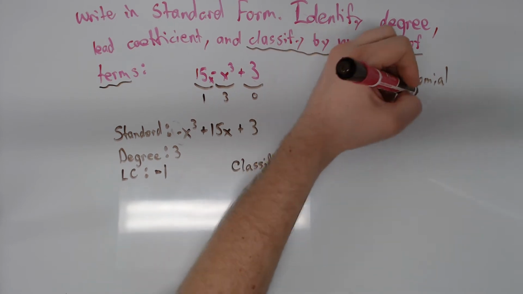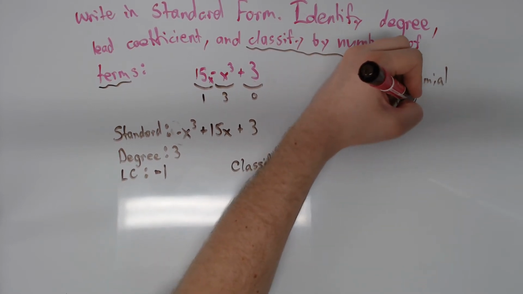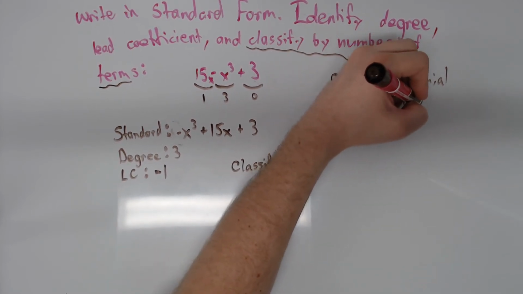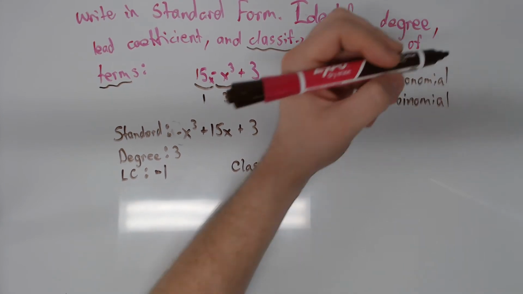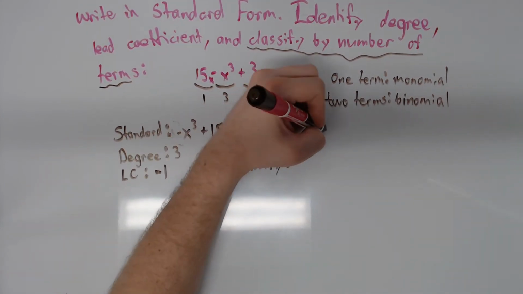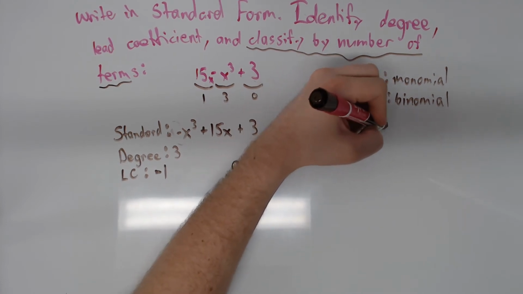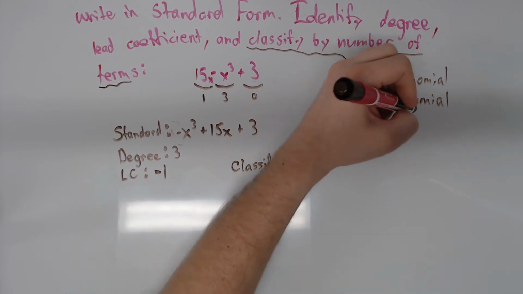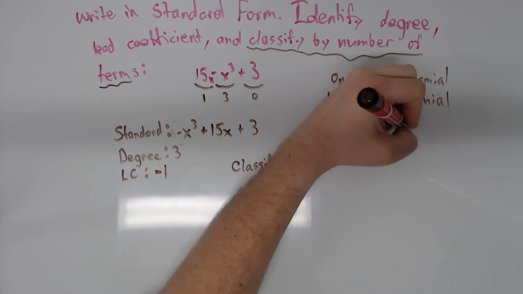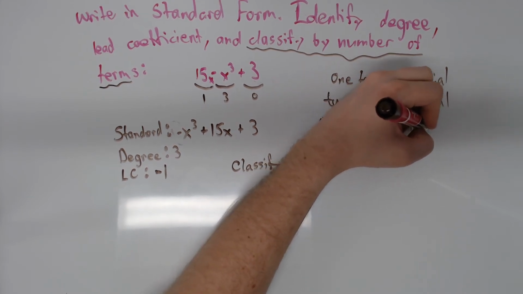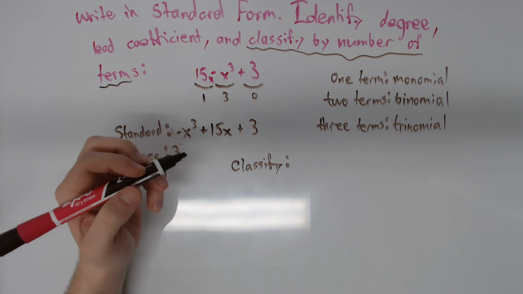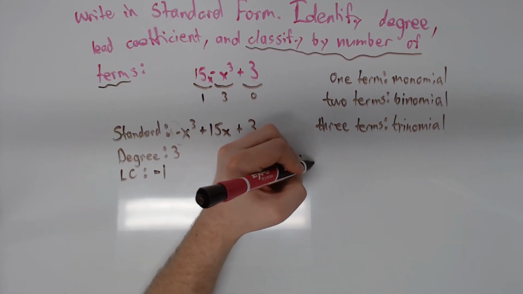That's a binomial, like a bicycle, so binomial. 3 terms is our last one with a special name, so this is going to be ours. Here we got a tricycle, 3 wheels, except trinomial. So again, that word tri means 3. So we are a trinomial.